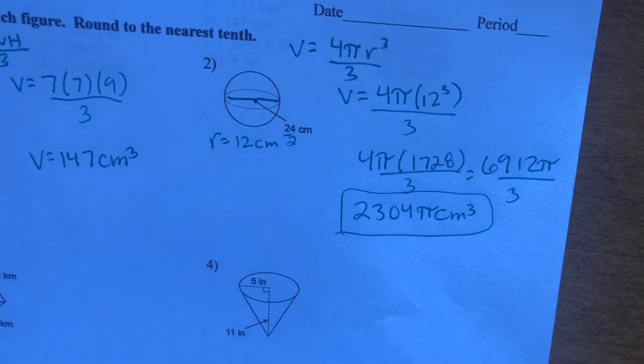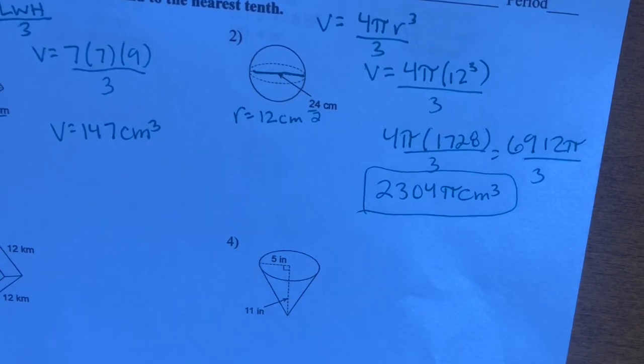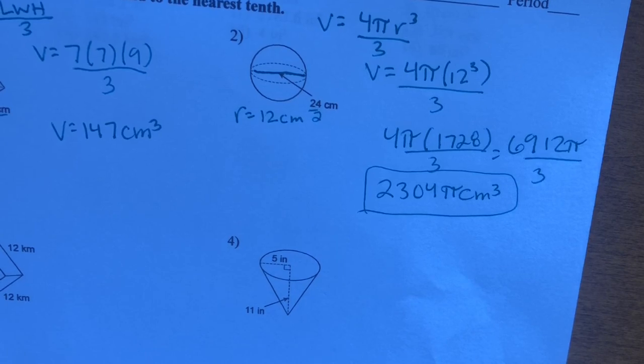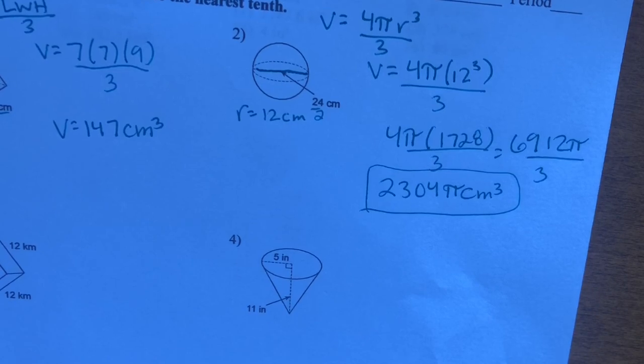but I am going to find a better calculator so that I can show you what it looks like. So I'm going to go 4, I'm going to go 12 cubed. Nope, that's wrong. 12 cubed.